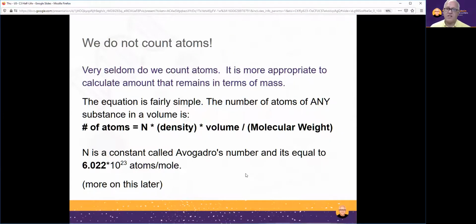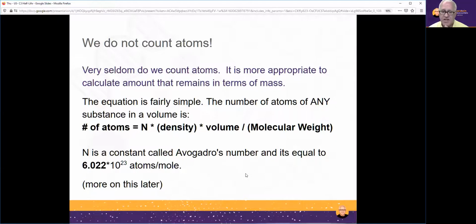But we don't count the individual atoms. Very seldom will we count the atoms. It's more appropriate to calculate the amount that remains in terms of mass. The equation is simple. It's a simple algebraic formula. The number of atoms of any substance in a volume is: number of atoms equals n times the density times the volume, divided by the molecular weight.